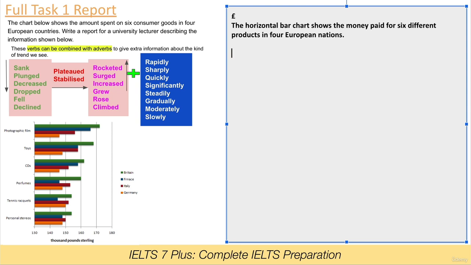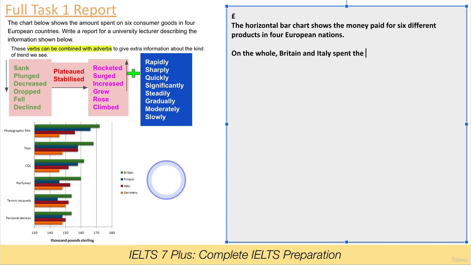Lovely. Okay, so now we want to go into our overview and just put a broad statement about what's happening here. So we can use a phrase like on the whole, in general, yeah, something along those lines. You can think of your own examples at home. Britain and Italy, let's talk about what's happening here.